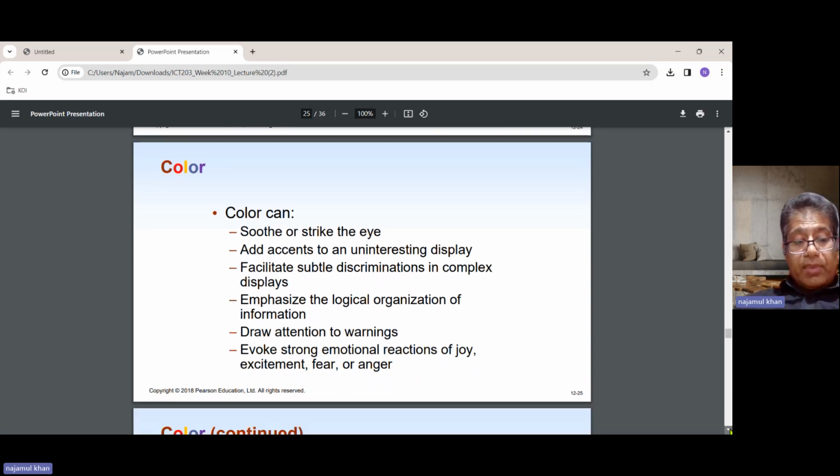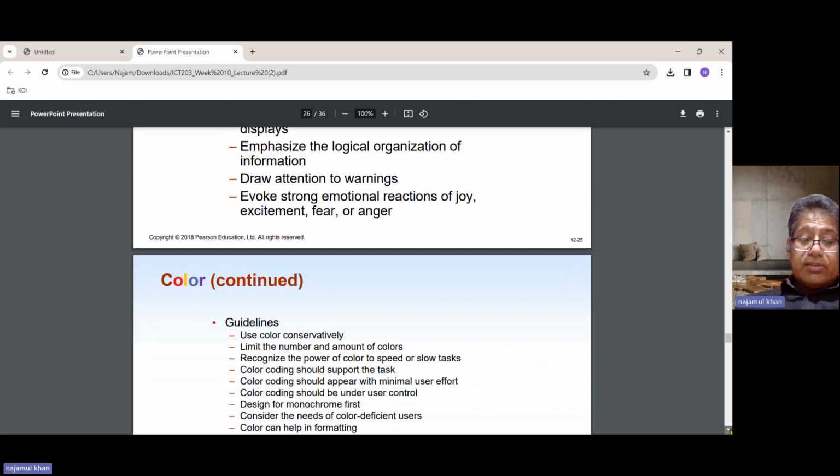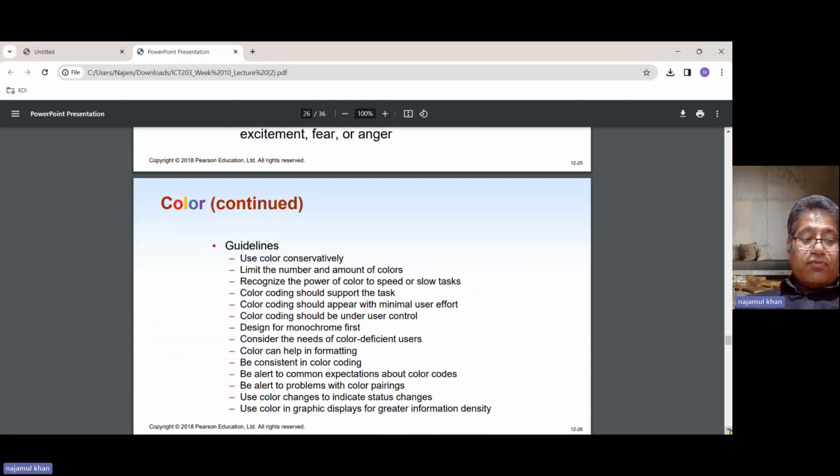Please do that. Yeah. So some more information, guidelines here. I guess that you will find these guidelines anywhere. I'll read some of them. Use color conservatively, guys. Limit the numbers and amounts of colors. Of course, you should not be using 35 colors on one page. So just keep the scheme good. It should be eye-catching, should be appealing, should attract the users who are visiting the site.